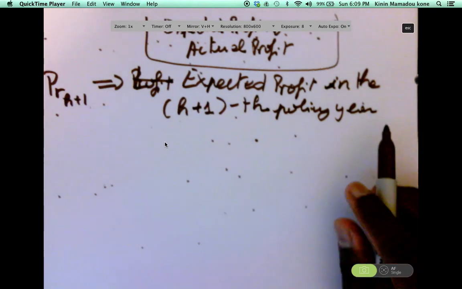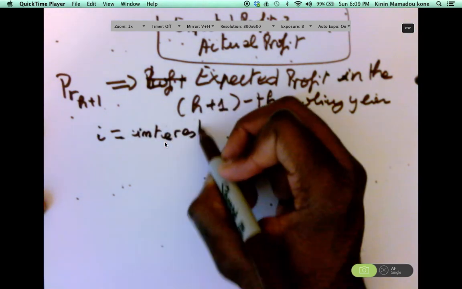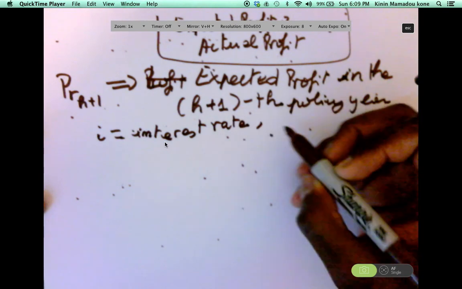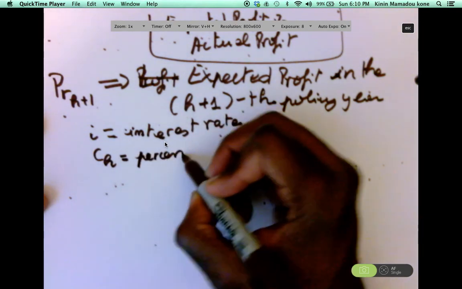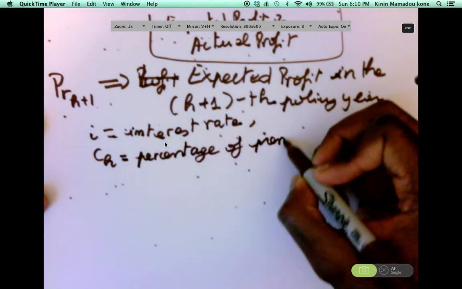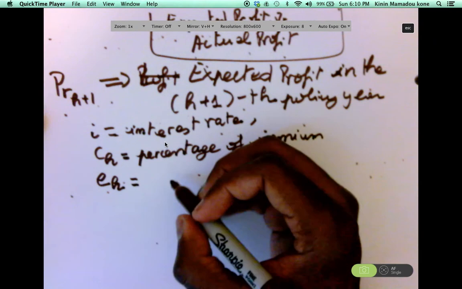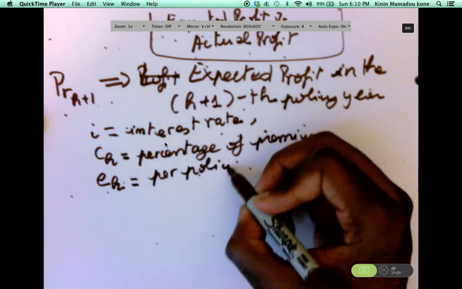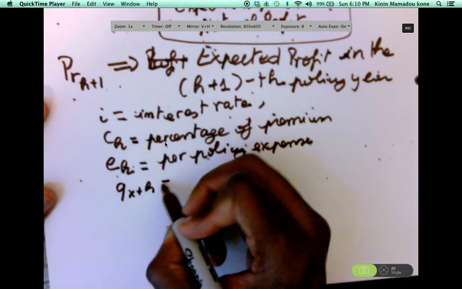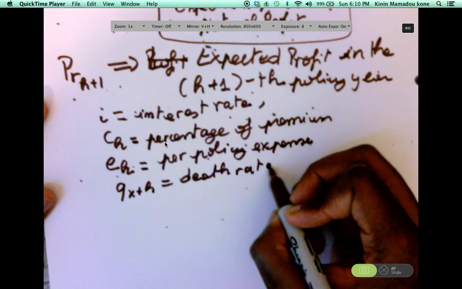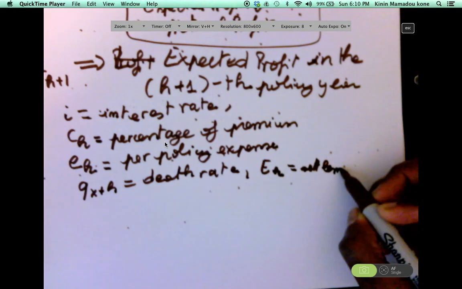i will be the interest rate, c_h will be the percentage of premium, e_h will be the per policy expense, q_x+h is the death rate, and e_h is the settlement expense.